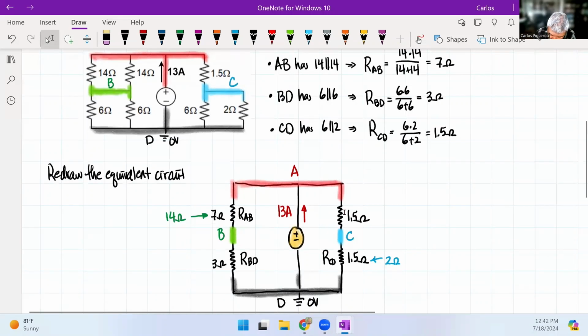When I look at this 1.5 and RCD, these are also in series and they have the same current. So it makes sense to use CDR to calculate the current. That way I know the current through RAB and the current through RCD. So let's do that.